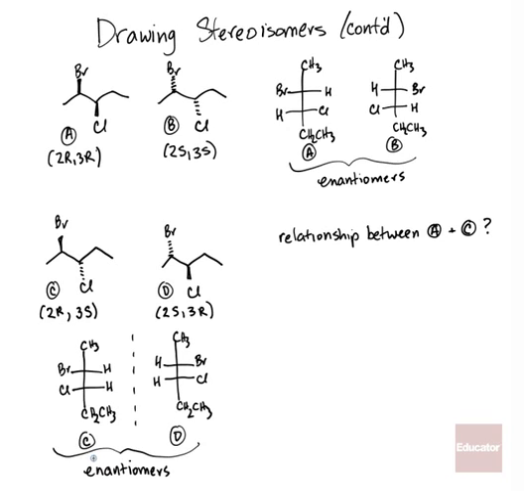They only differ by their stereochemistry. And the way we describe those two structures is we call them diastereomers. Pretty much the definition of a diastereomer is a stereoisomer that is not an enantiomer.